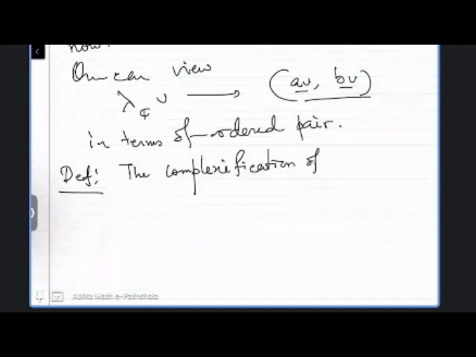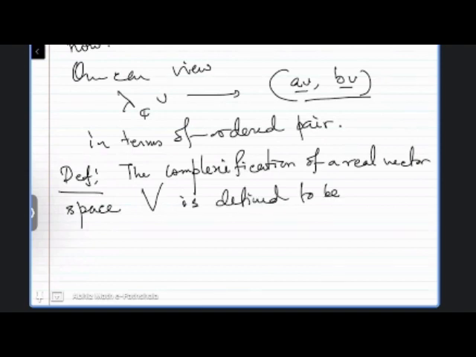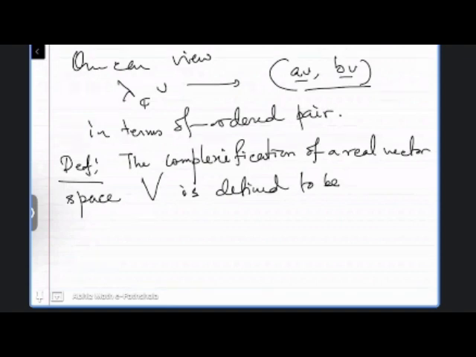The complexification of a real vector space V is defined to be... So what do we mean by complexification?